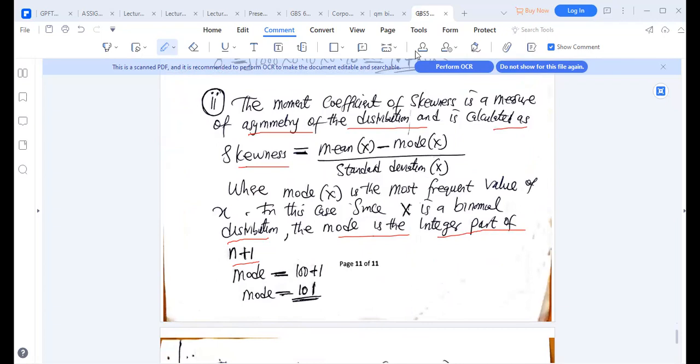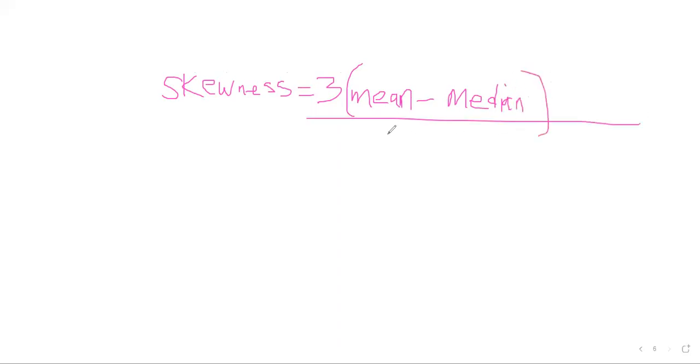Of course, even getting the skewness, we are simply saying our skewness is equal to... the other formula to use for the skewness is 3 times the mean minus the median, then over the standard deviation.